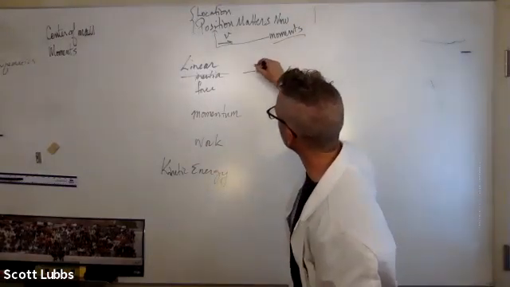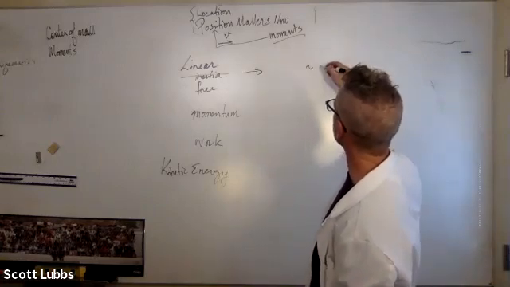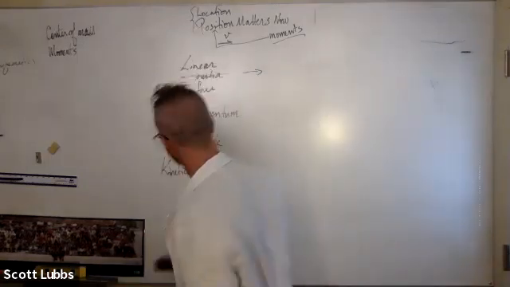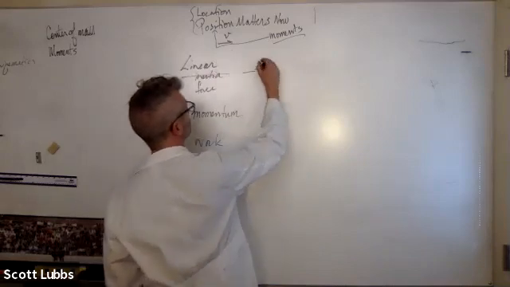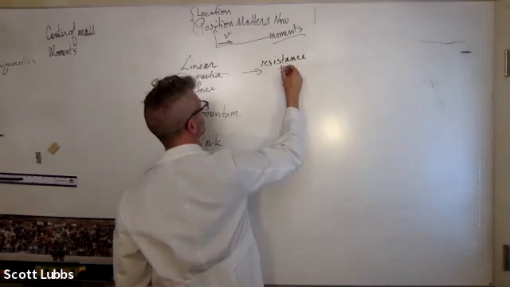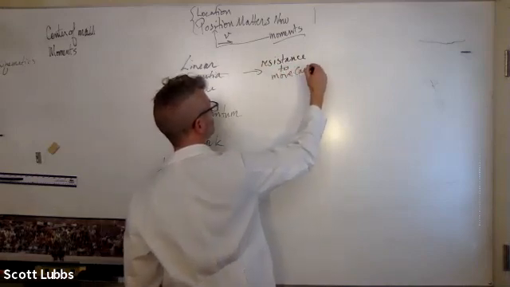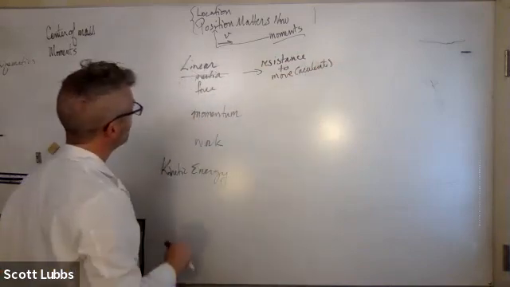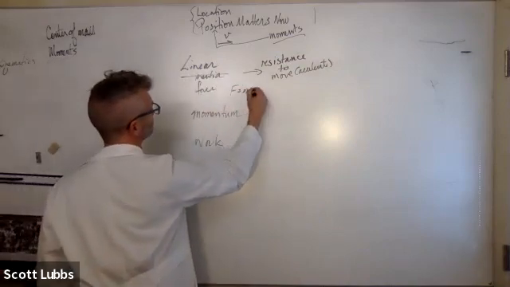So moment of inertia is related to how much mass you have. Let me come back to this in a second. Your inertia is your resistance to accelerate. When we talked about force, that's F equals ma.